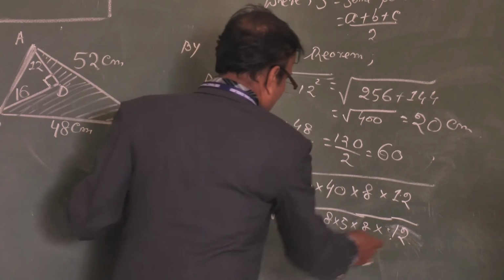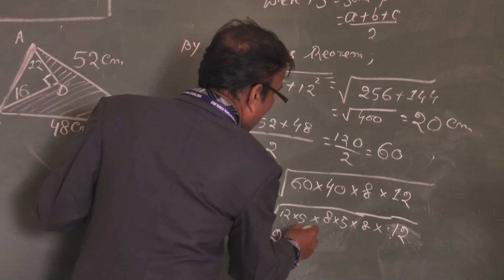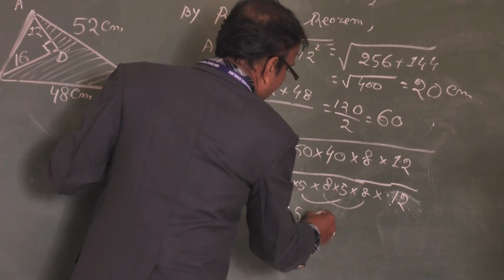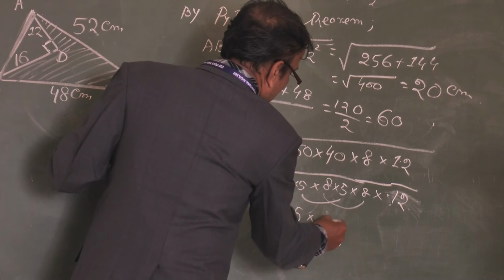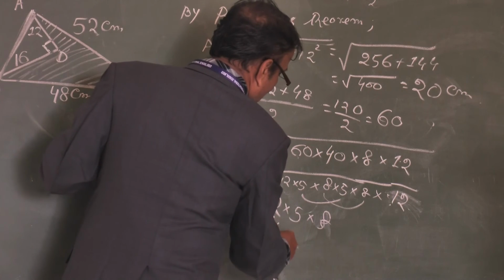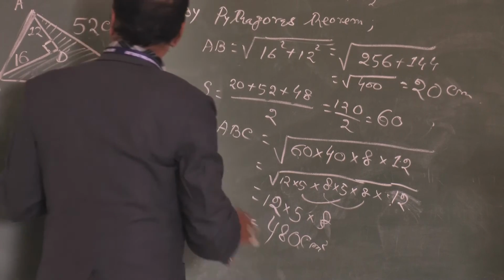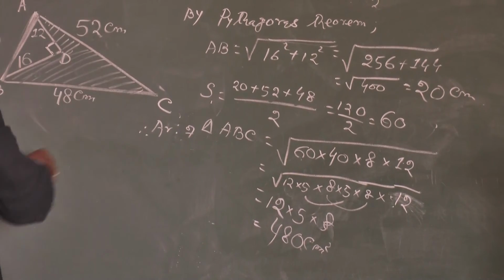So from this pair of 12 you bring 12, this pair of 5 you bring 5, this pair of 8 you bring 8. So this is equal to 480 cm square. That is the area of full triangle ABC.